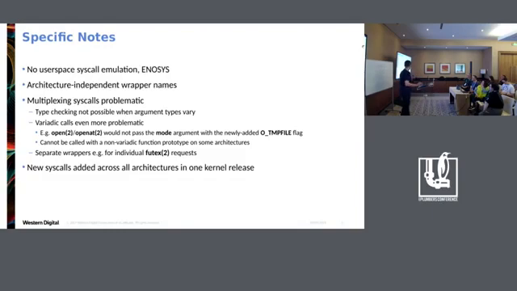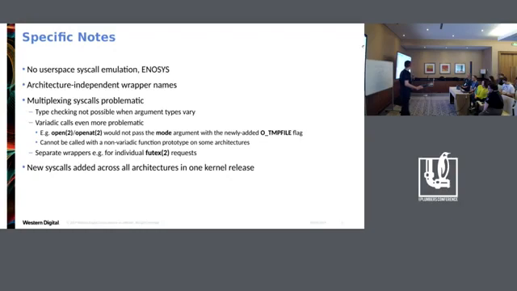Obviously, if a wrapper didn't know this flag, it wouldn't pass the mode argument, because it wouldn't know it's required for this new flag. And some architectures have limitations in that you can't call a variadic function which has been declared with a non-variadic prototype.